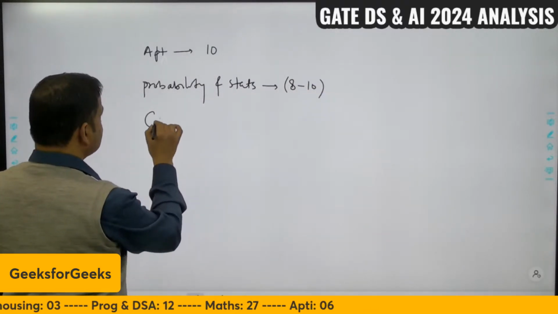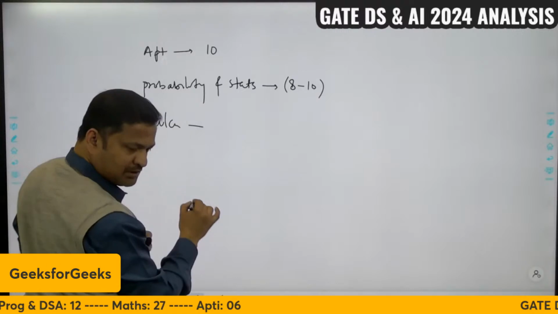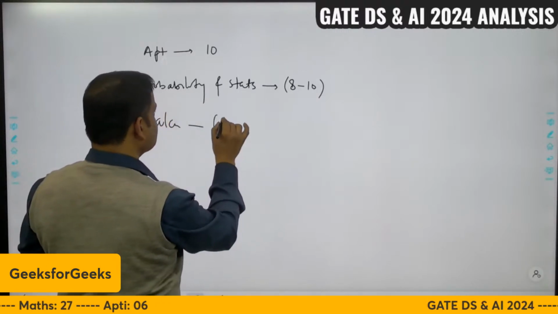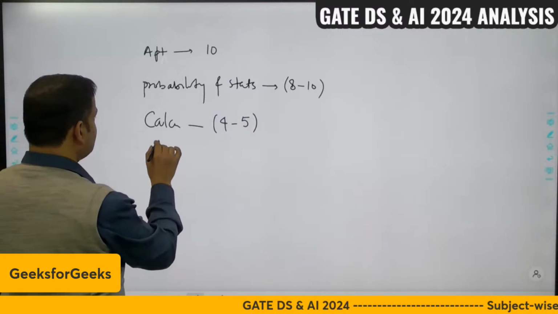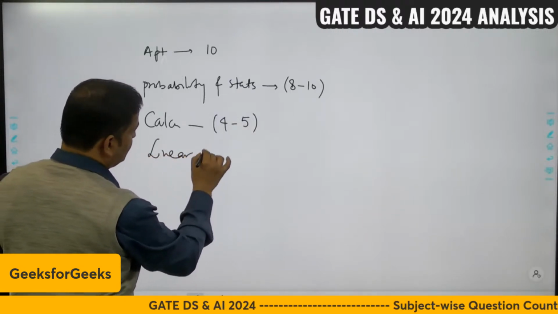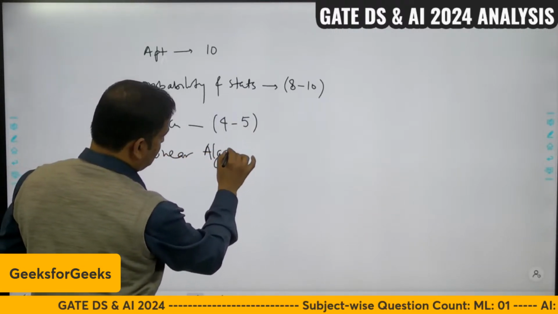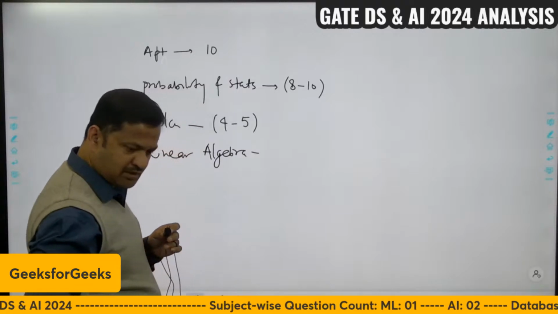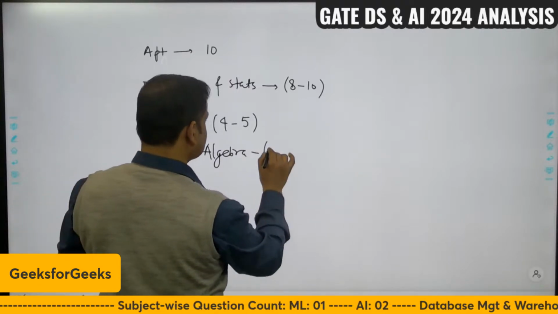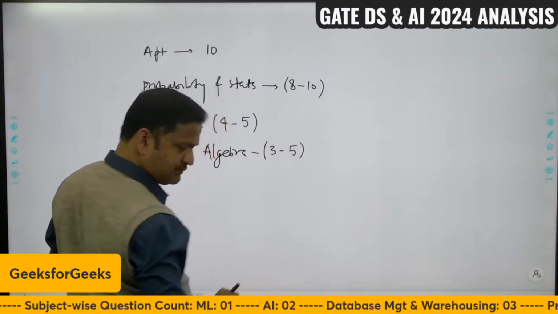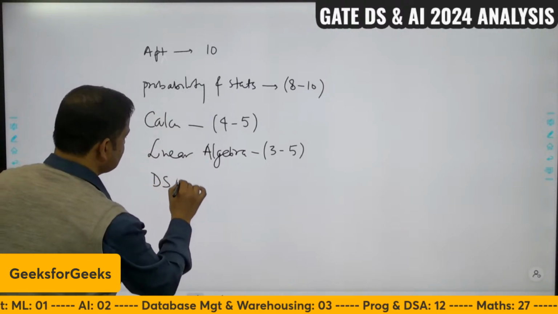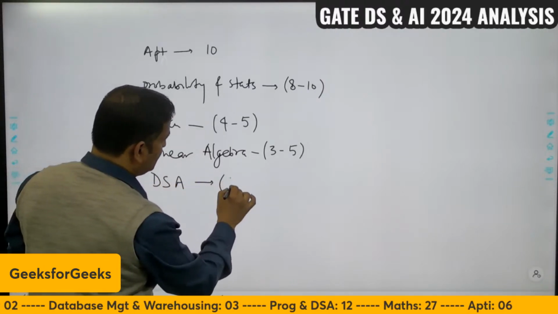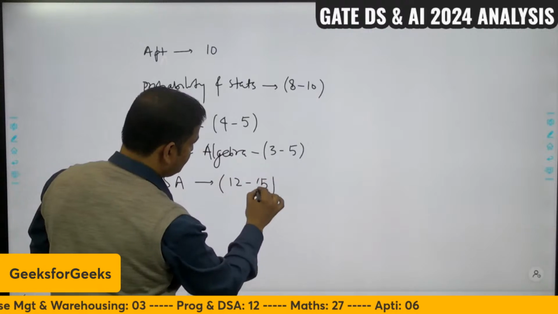Then calculus: from calculus, we have 4 to 5 questions. From linear algebra, we have around 3 to 5 questions. And from DSA itself, there were around 12 to 15 questions.